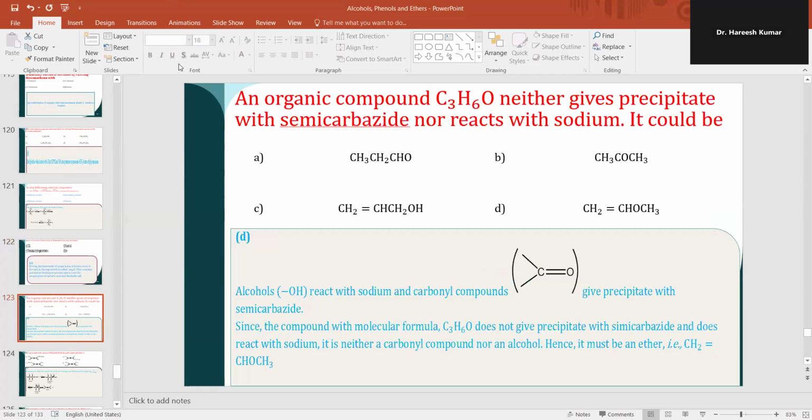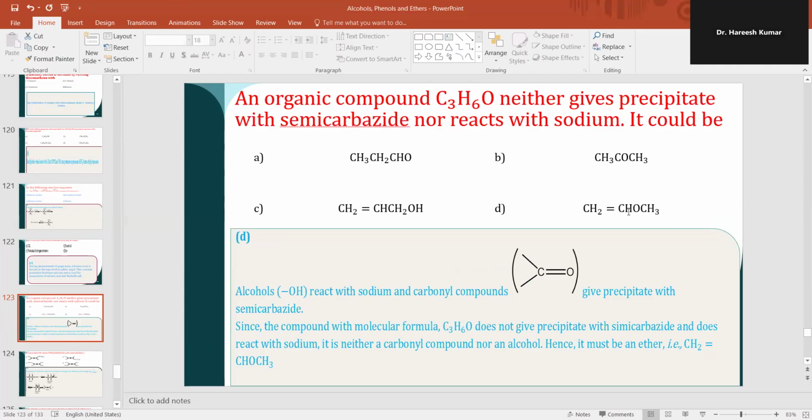Let's take another question. An organic compound C3H6O neither gives precipitate with semicarbazide nor reacts with sodium. It could be vinyl methyl ether.